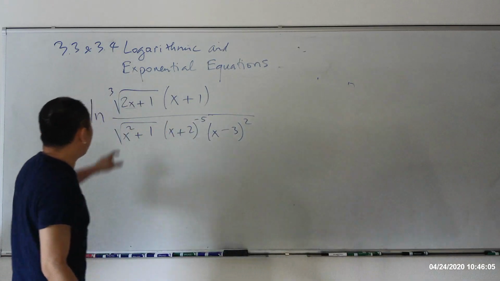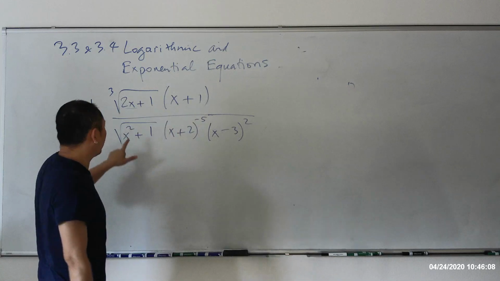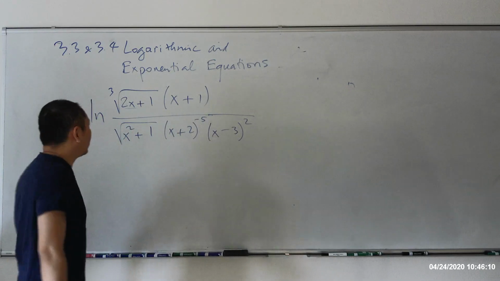In here we have 2 factors in the numerator and 3 factors in the denominator, and we have radicals.